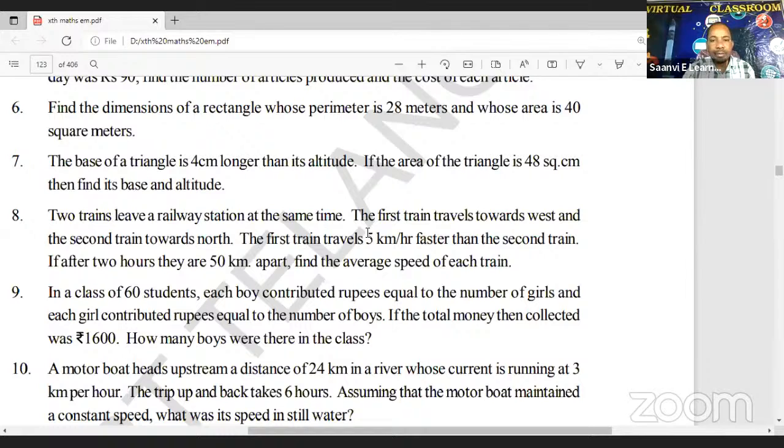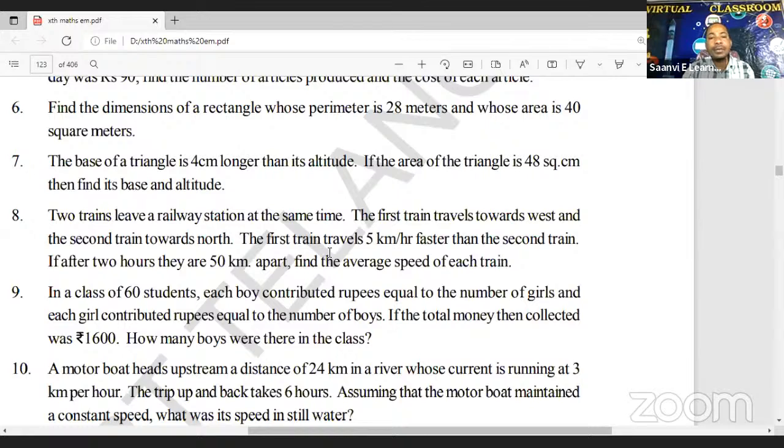So how are they leaving? See, the first train travels towards west. Okay, the first train travels towards the west side, and the second train towards north. The first train is traveling west side, and the second train is traveling north side. Okay. The first train travels 5 km per hour faster than the second train. Here information is given about the first train.